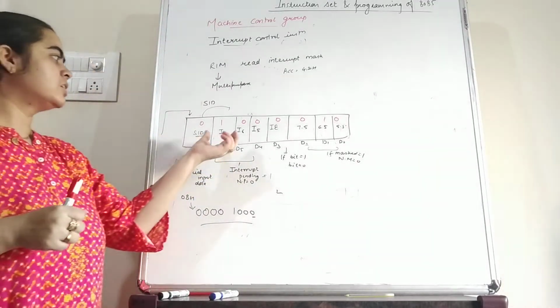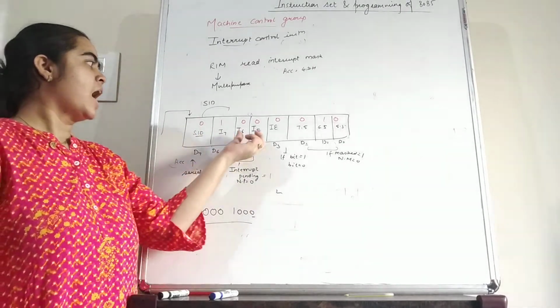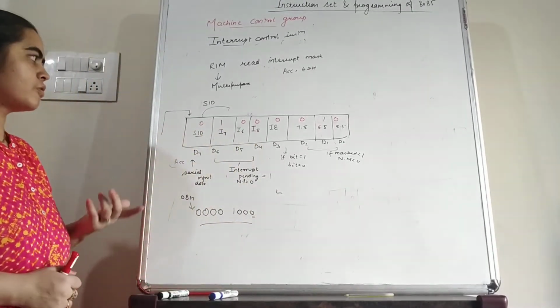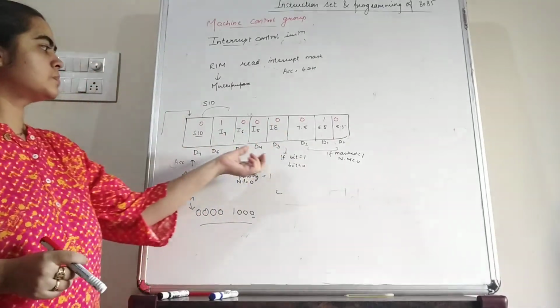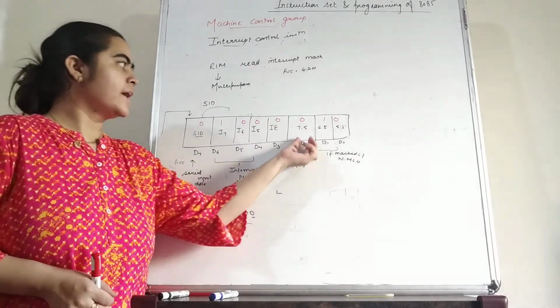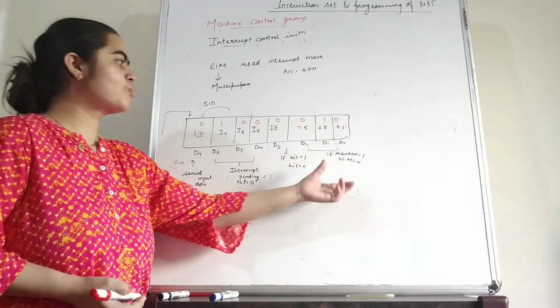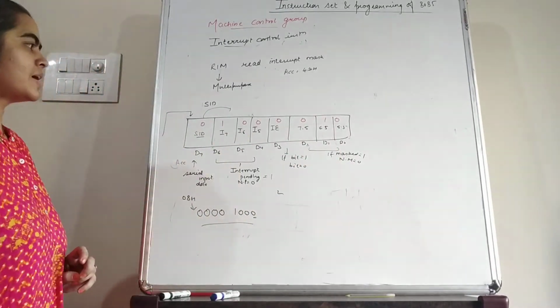That means the microprocessor has to serve this interrupt 7.5. Here the interrupts are not enabled, that means IE is equal to 0. Next, 7.5 and 5.5 are non-masked, while 6.5 is masked.